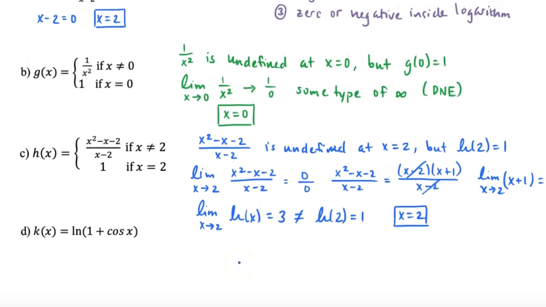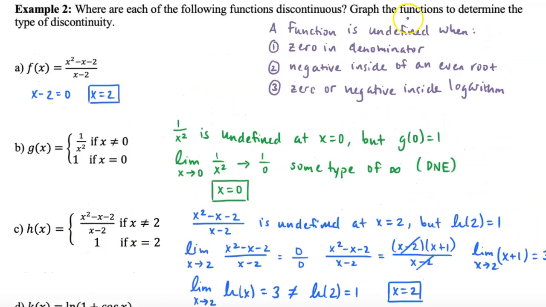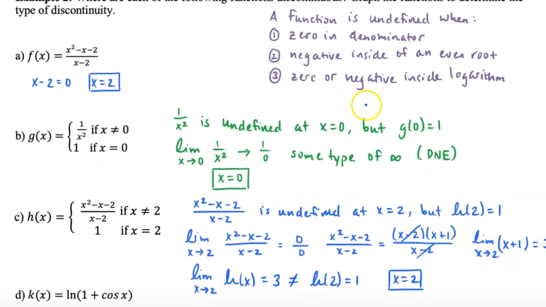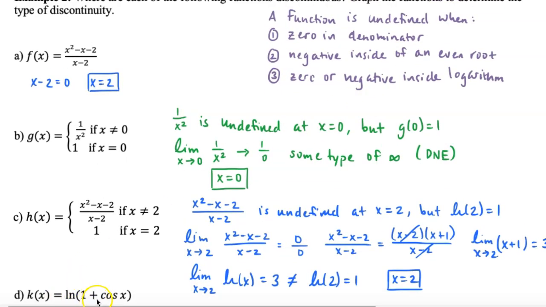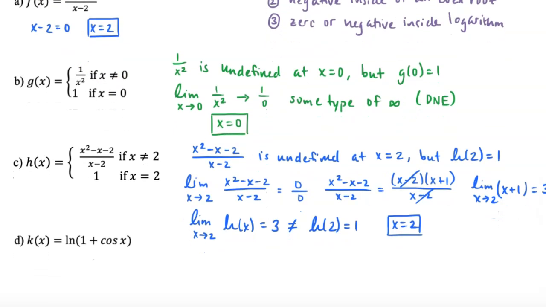Finally, for part D. Part D is just a function, not a piecewise function. And so let's look back at what we have written up here. So this is undefined when we have a 0 in the denominator. Well, we don't have a denominator. When we have a negative inside of an even root, I don't see any even roots. And when I have a 0 or a negative inside of a logarithm. Well, maybe I can get a negative or a 0 inside of this logarithm.